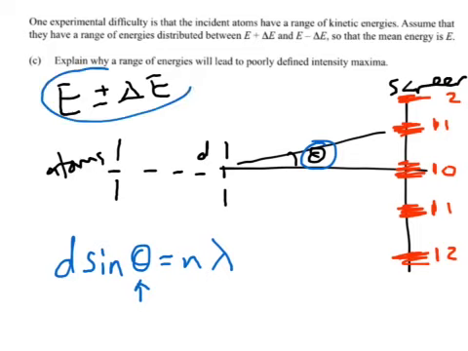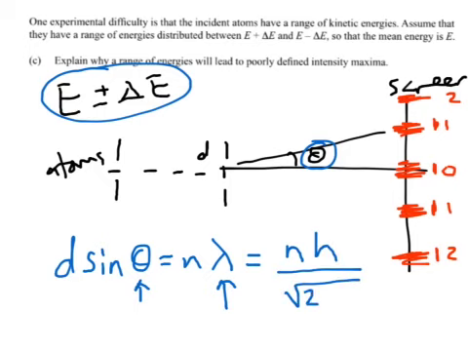Since we're talking about a range of energies, it's a good idea to consider the expressions for the intensity maxima that we worked out before. Instead of being in terms of wavelength, we want them in terms of E. So we have d sine theta equals n Planck's constant divided by the square root of 2mE.